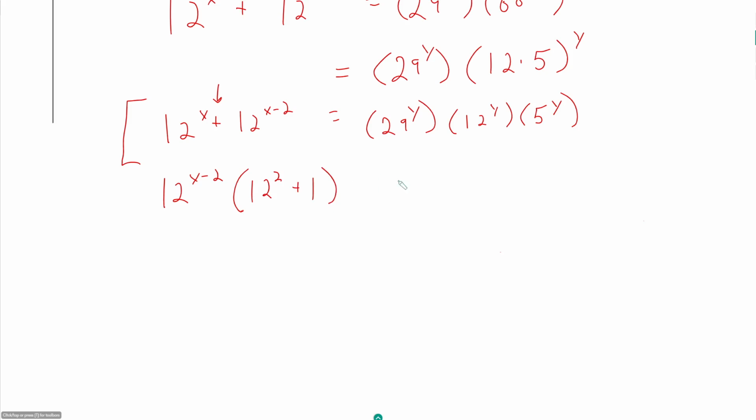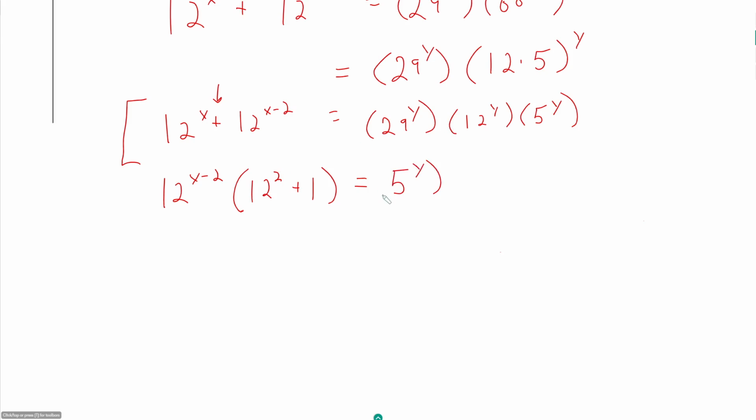So here I did two things. I got another 12 on this side over here, but I converted this addition problem into a multiplication problem. And that is one of the things you are doing when you factor something.